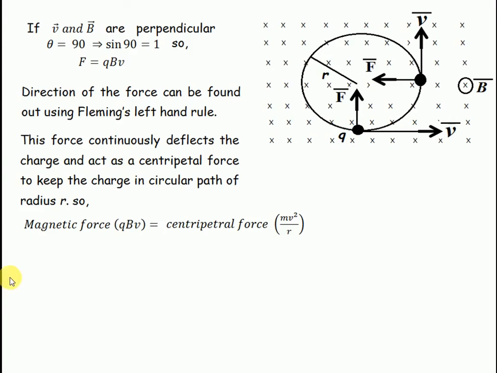So the magnetic force will be equal to the centripetal force, which is mv²/r. So qvB = mv²/r, and r = mv²/(qvB). If you cancel v and v², you get r = mv/(qB). So this is the radius of the circular path.